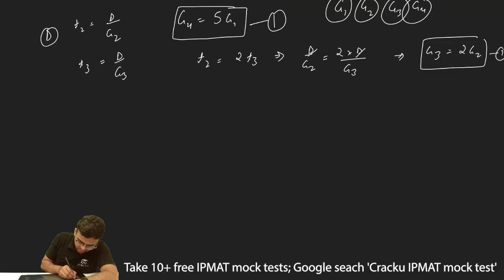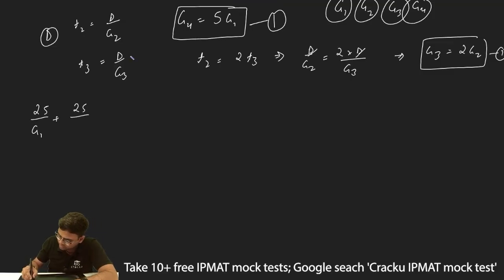So 25 upon G1, distance divided by speed is the time, plus 25 by G2 plus 25 by G3, because it is covering the same 25 km in each of the gears.